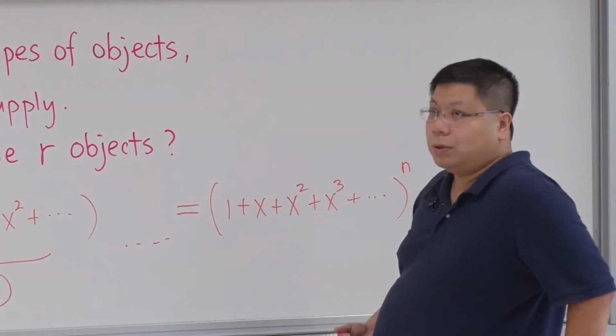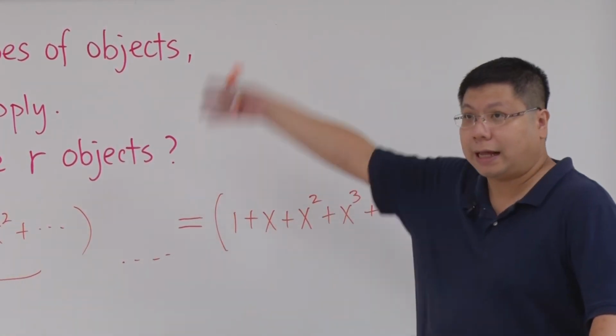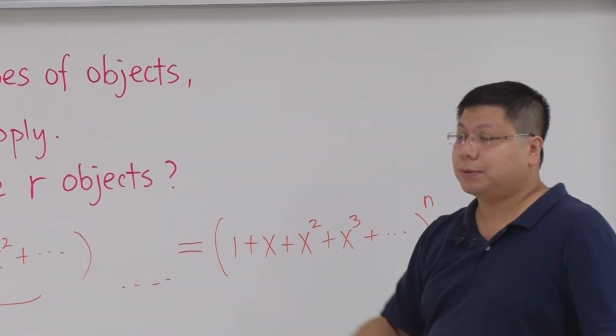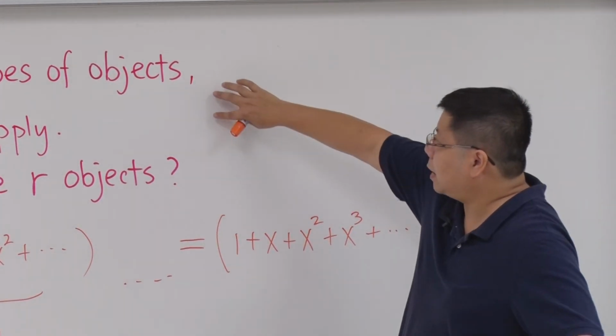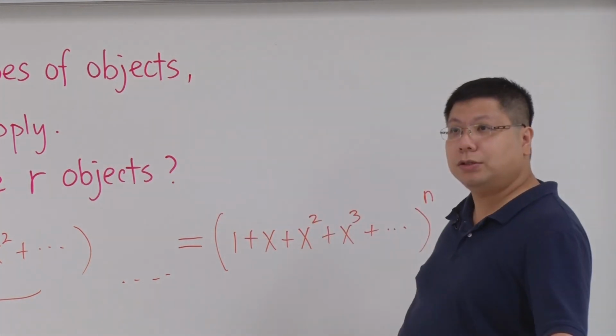This is a generating function about selecting from n types of objects with this requirement. And then we want to find out how many ways to choose R objects.